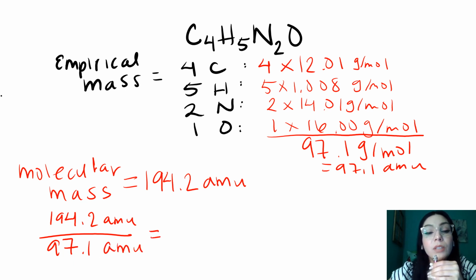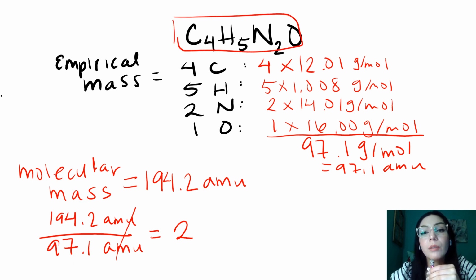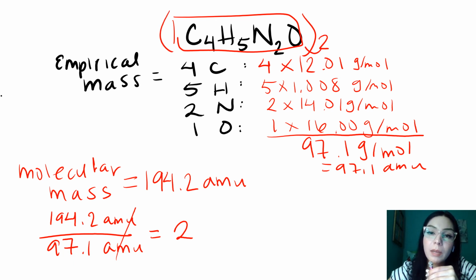Once you divide this, AMU cancels out, and you find out you get 2. This number, we're going to take it and multiply it against our empirical formula. So I'm going to take this 2 and multiply it out to every single element.